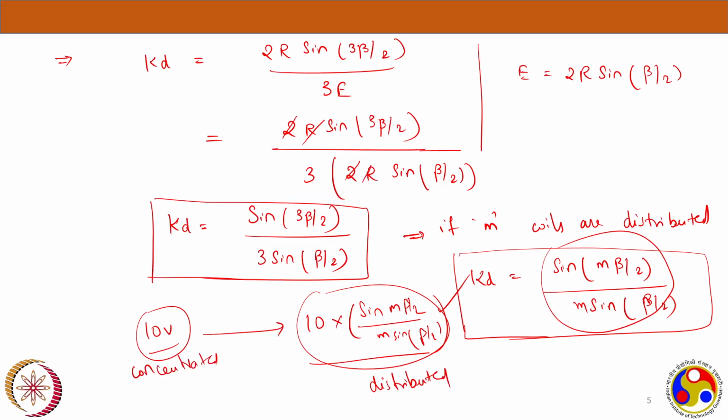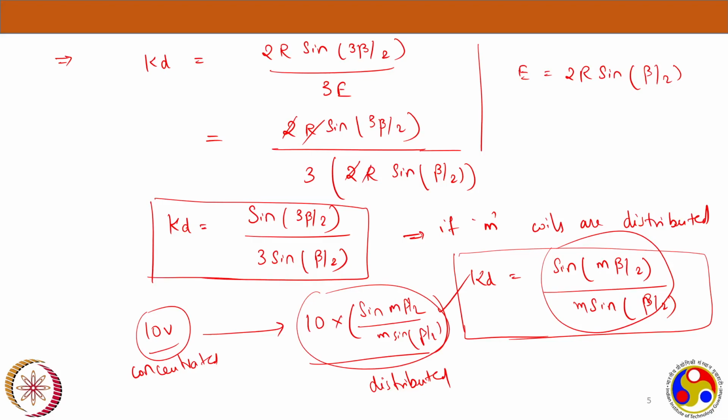But looking at this, you can say that my concentrated winding will always give more output voltage. But still, why are people going for distributed winding? We already discussed in the first part. The more coils you place in a single slot, the less you are utilizing the machine. The machine will be left underutilized. And the more turns you place in a slot, the entire slot will be restricted.